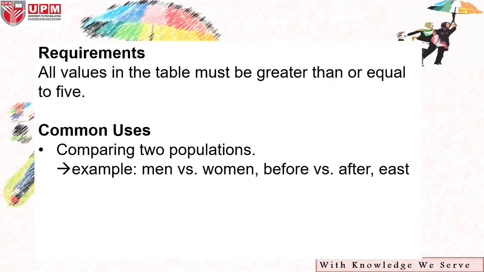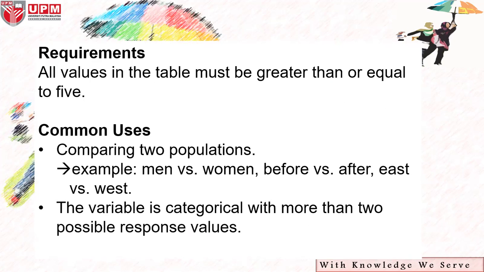The common use is to compare two populations. For example, we want to compare the distribution of men and women, before and after, east and west. The variable is categorical with more than 2 possible response values, so the number of groups must be at least 2.